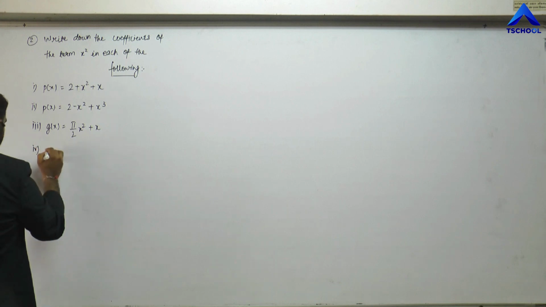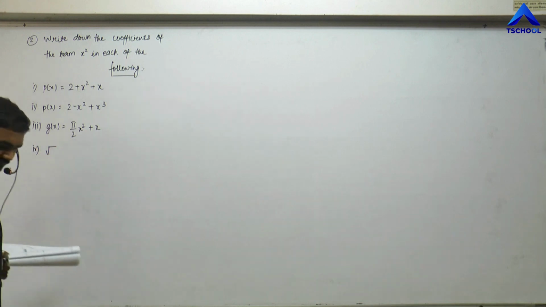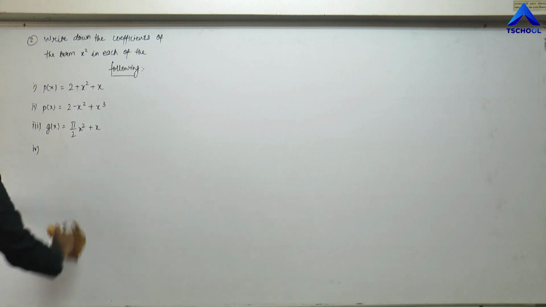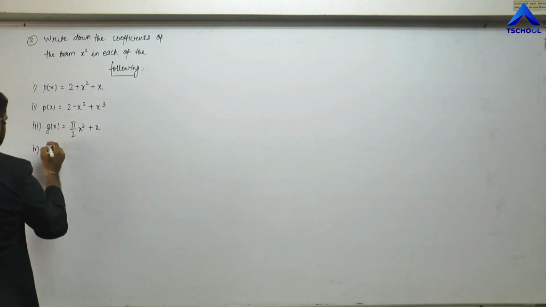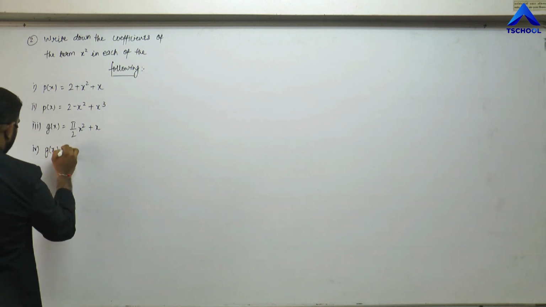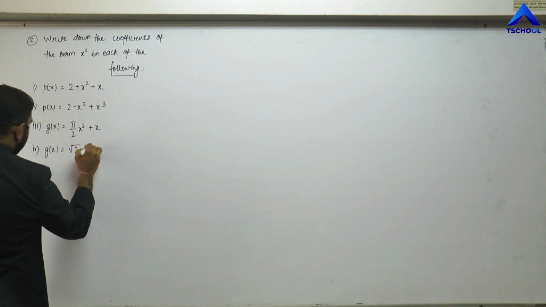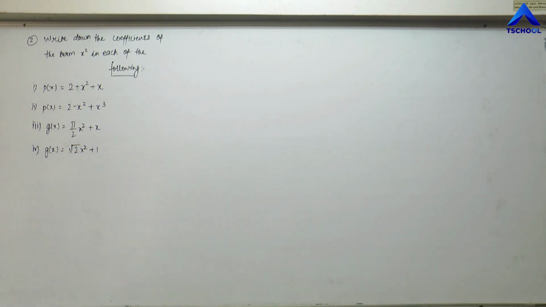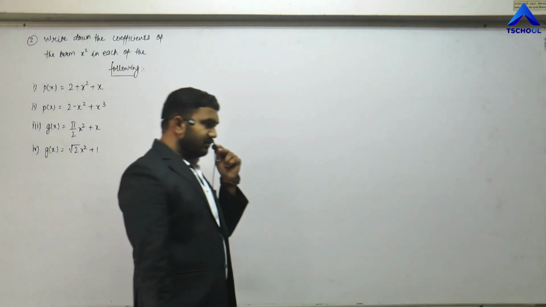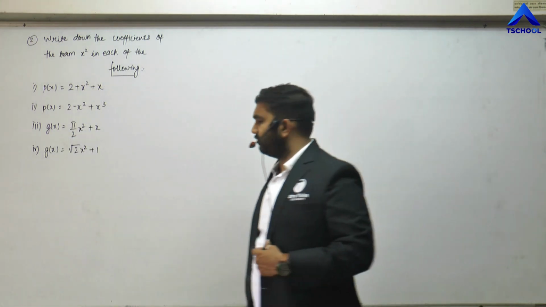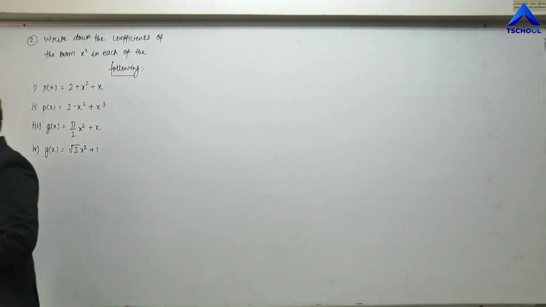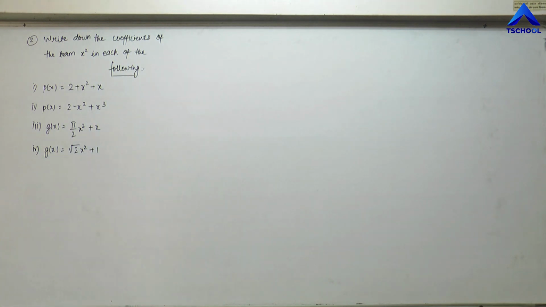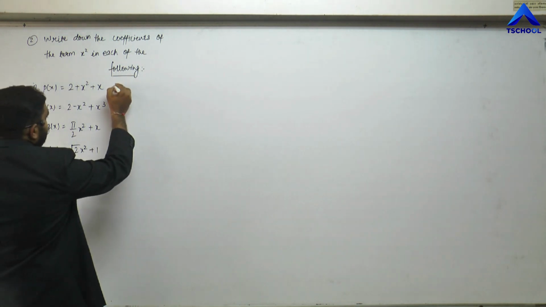The fourth one is p of x is equal to root 2 x square plus 1. So friends, right now we have these four questions, numbered from 1 to 4, and in each of them you need to mention the coefficient of x square. So first of all, let us start with the first question here.